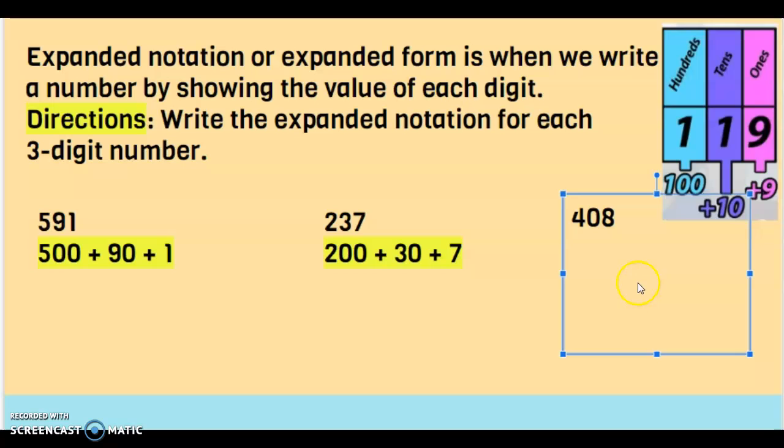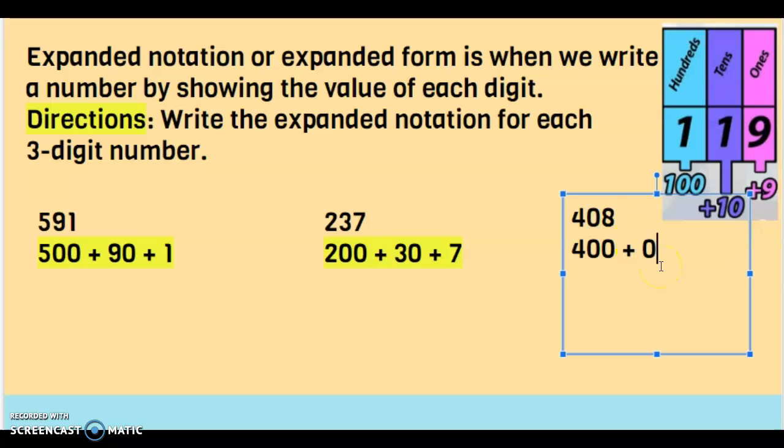The last example that we're going to do together is 408. 400 plus, is there anything, not anything, but what number is in the tens place? 0. So another way to say 0 is nothing, so don't let that trick you.